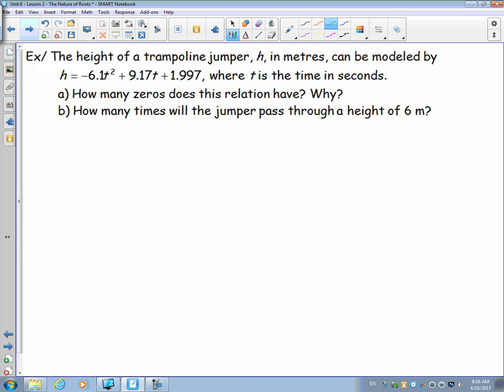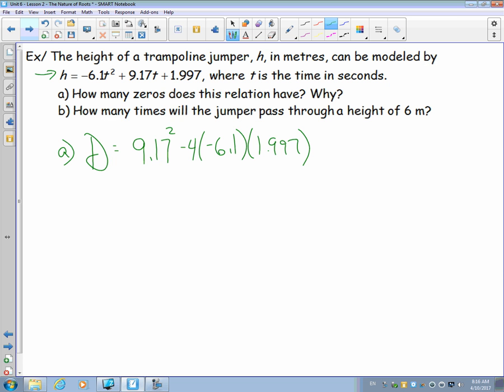Well, let's take a look at an example. We have a trampoline jumper going up and down, up and down. Their height is modeled by this equation, where t is the time in seconds. How many zeros does this relation have? If I want to know how many zeros something has, it's another way of saying how many roots it has, how many solutions it has. That's my discriminant, b squared minus 4 times a times c.